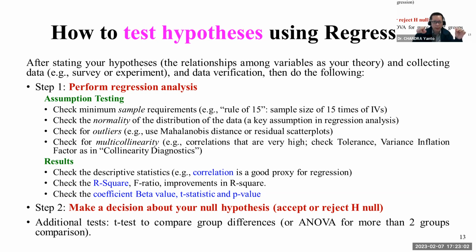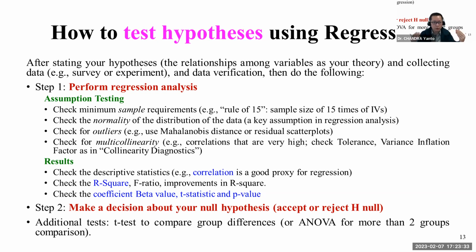We draw the boxes and the arrows to depict our research model and the relationships, and we express this relationship in sentences, such as: this variable is possibly associated with that variable. That is called expressing your hypothesis. For example, age is possibly associated with salary level, or years of education is associated with salary level.